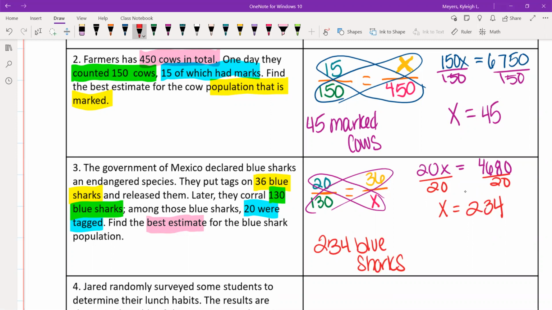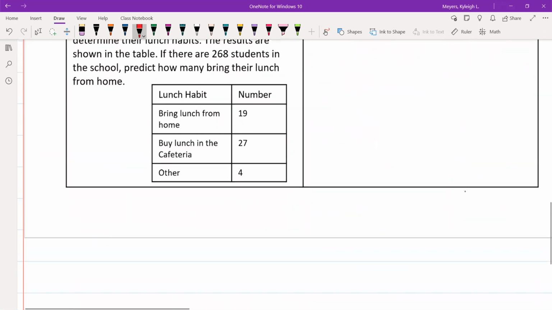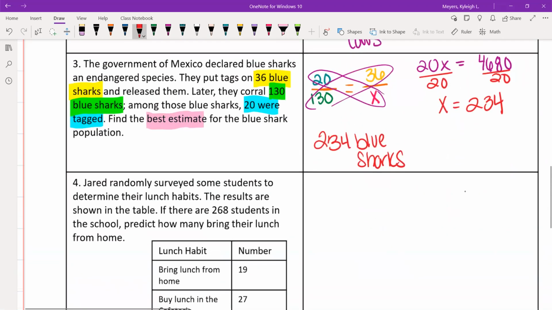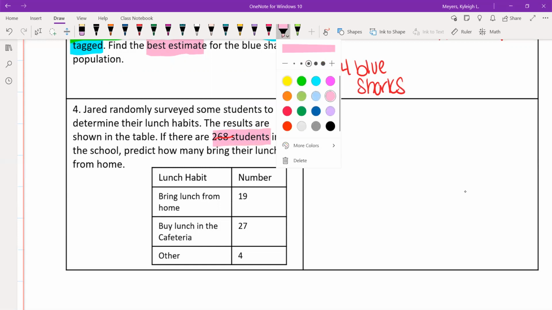All right, let's look at the last question. Instead of talking about animals, this one's talking about students. Jared randomly surveyed some students to determine their lunch habits. The results are shown on the table. There are 268 students in the school. So that's our total. Predict how many bring their lunch from home.